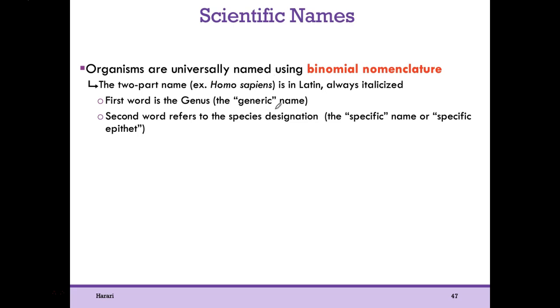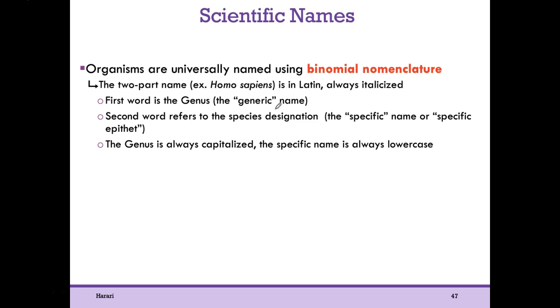So Homo sapiens. If you are a fruit fly, you are Drosophila, which is the genus. Melanogaster is the species designation. But you would never say it belongs to the species Melanogaster. You would say this is Drosophila melanogaster. The genus is always capitalized.